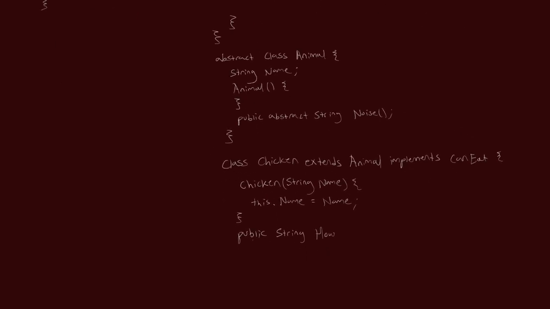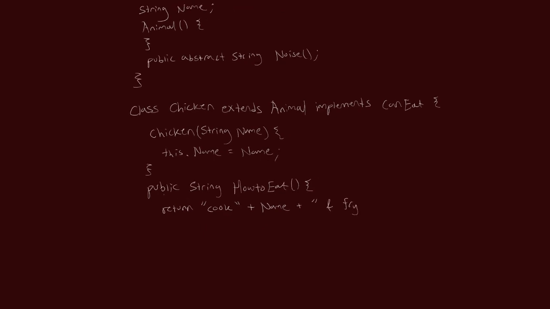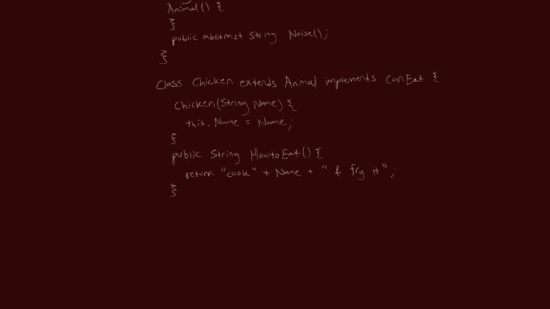Oh wait, the T is lowercase. howToEat, and we'll return, let's see, cook, then we include the animal name, and then and fry it. Okay, so that's how we're going to eat the chicken.